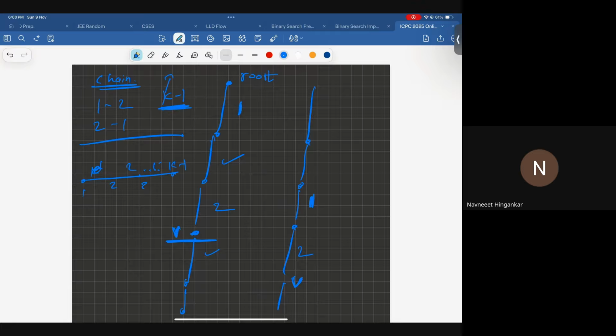K is basically the number of nodes, and k minus 1 is edges between those nodes, right? So total combinations become depth of V C k minus 1.